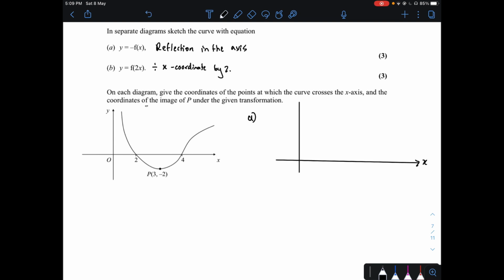So x and y. Because this is a reflection in the x-axis, what's happening is we're flipping this graph over, the other way around, on the line of this axis here. So it's going to look something like this.